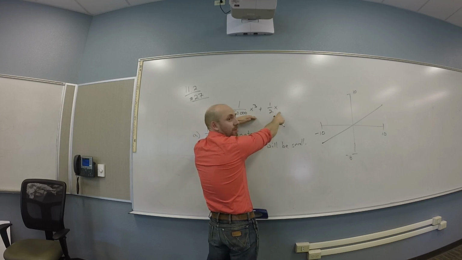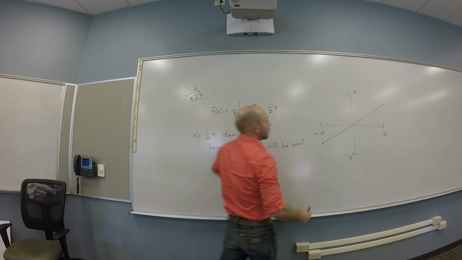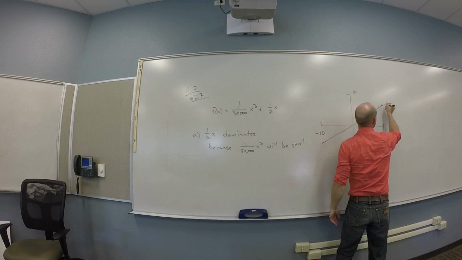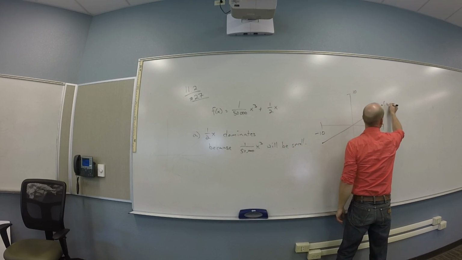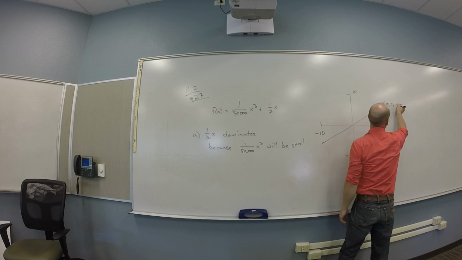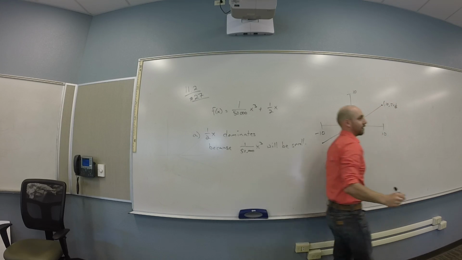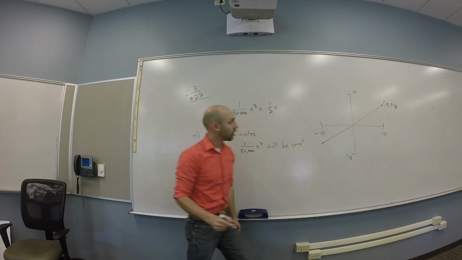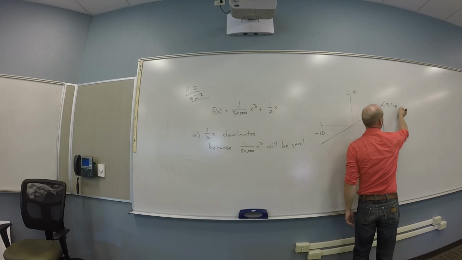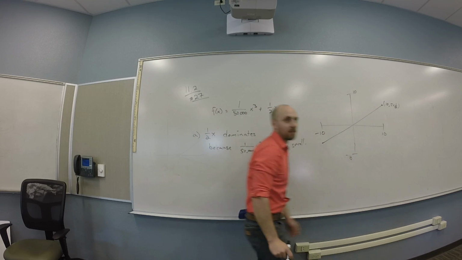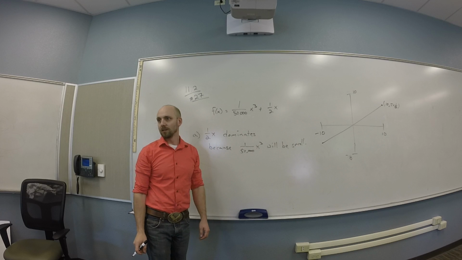Plus 1/2 times 10 is 5. So this dot here is at 10, 5 plus 1 over 50. It looks like it's pretty much 5 high because it is pretty much 5 high. You guys all cool with that?